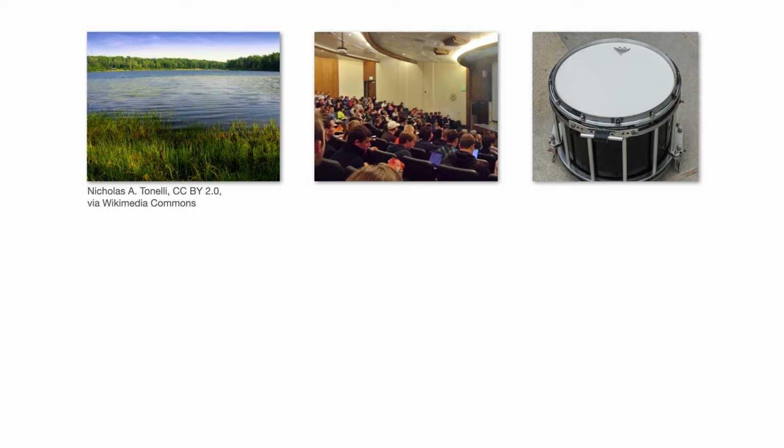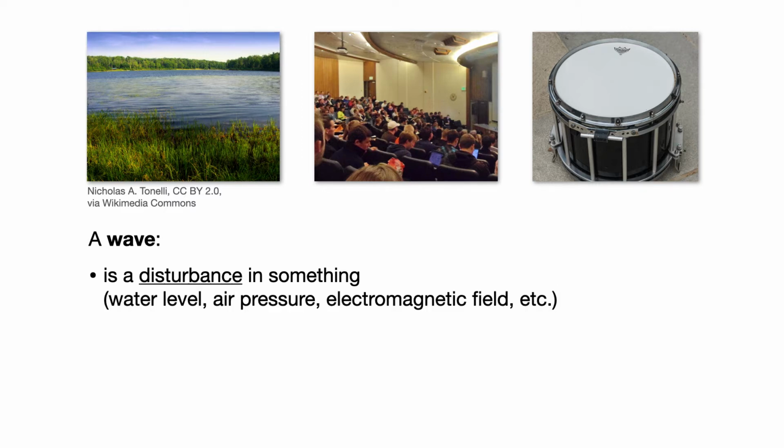All of these embody the basic idea of wave behavior, namely that a wave is a disturbance in something. This something could be anything from water level in a pond to air pressure in the atmosphere, or electromagnetic field in the case of light, or any number of other things.